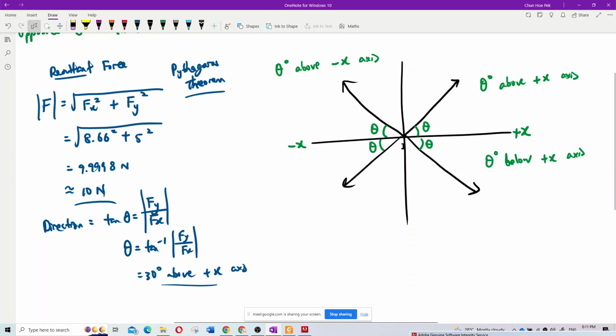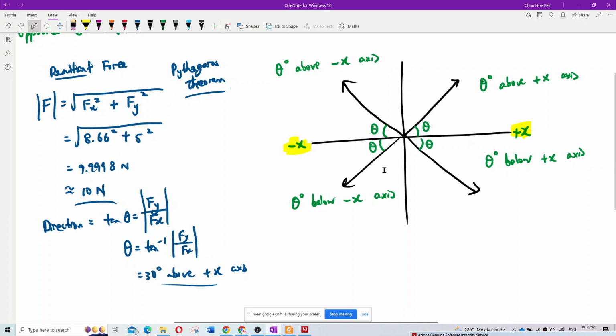And if the vector is in the third quadrant, we say the direction is theta degrees below negative x-axis. So we always refer to positive x or negative x, above or below.